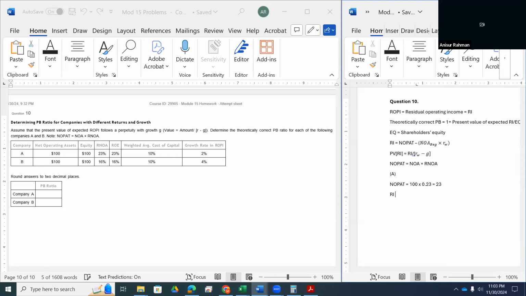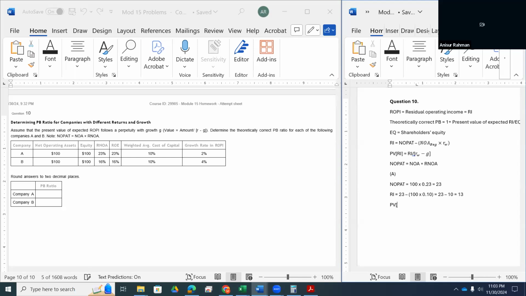Now RI will be NOPAT, which is 23, minus net operating assets, again, which is 100, multiplied by the RW, the discount rate. This discount rate is a specific kind of discount rate, which is the weighted average cost of capital, 10%. So 23 minus 10 is equal to 13.